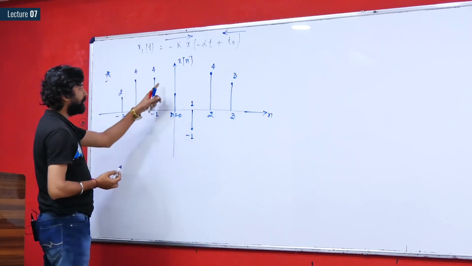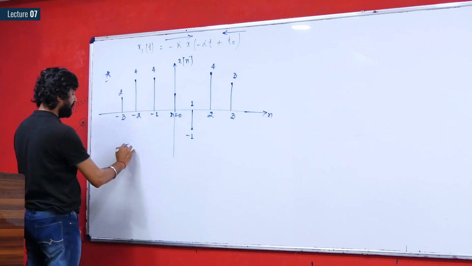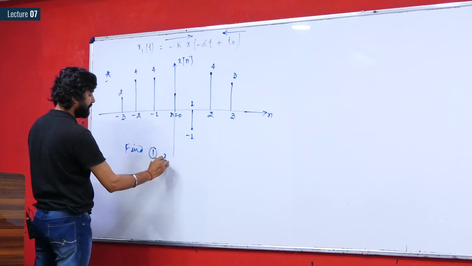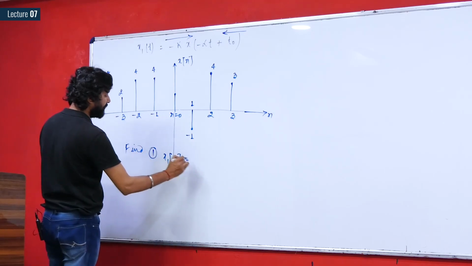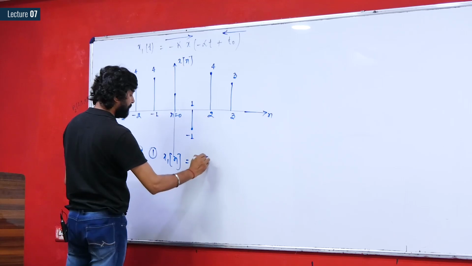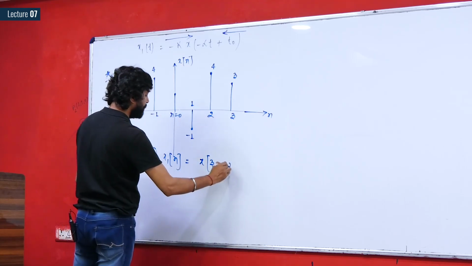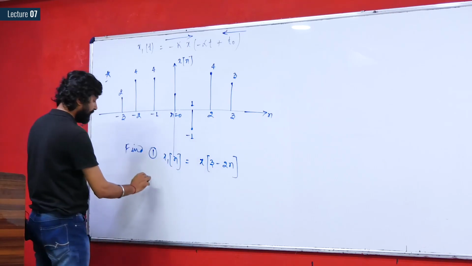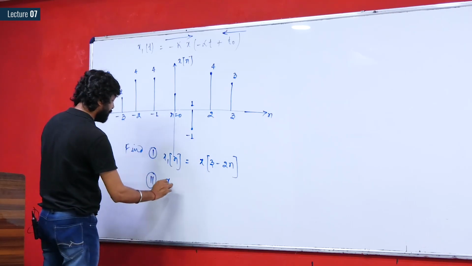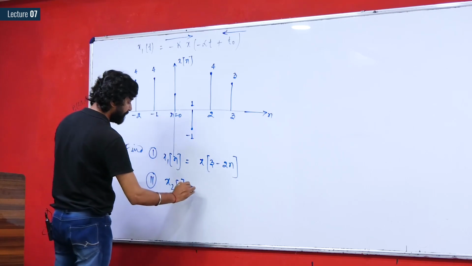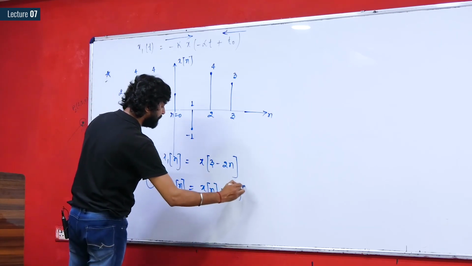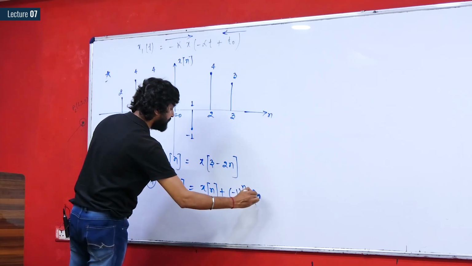So if you have to find out, let's say we have to find two different signals. First one, if we say x1 of n, that is related to x of n as, let's say x of 3 minus 2n. If you have to find the signal x1 of n, that is x of 3 minus 2n, and if we have to find out x2 of n, other signal which is related to x of n as x of minus n plus minus 1 to the power n x of n.